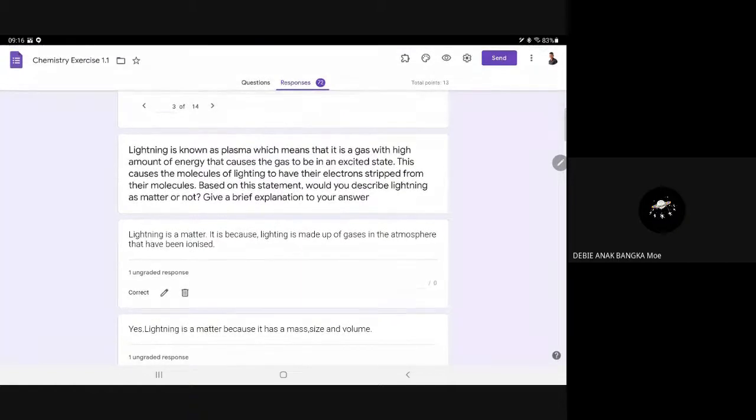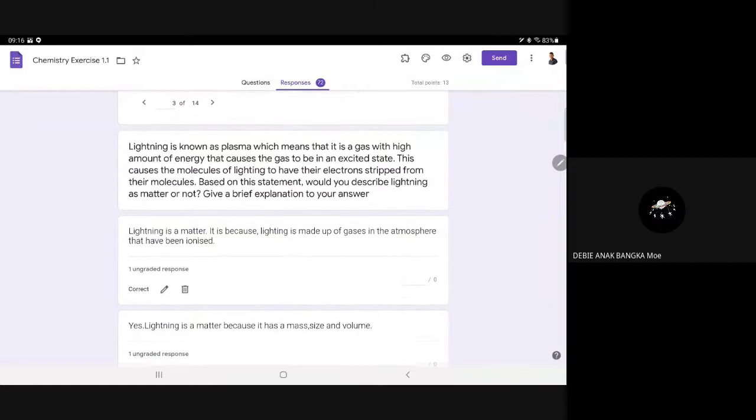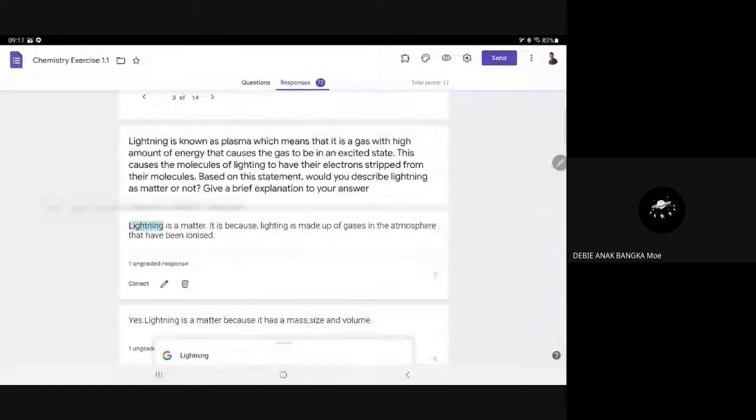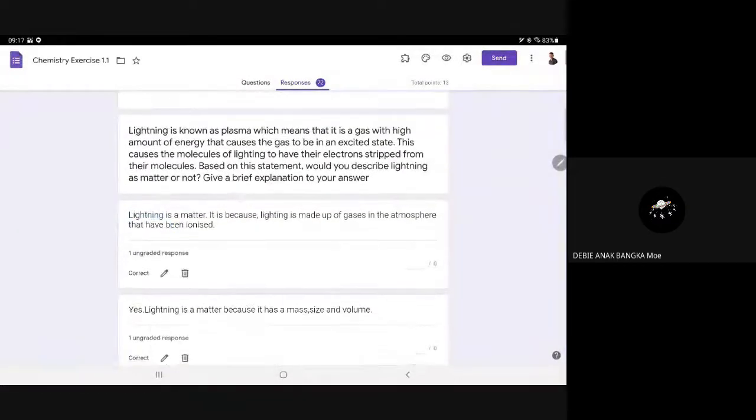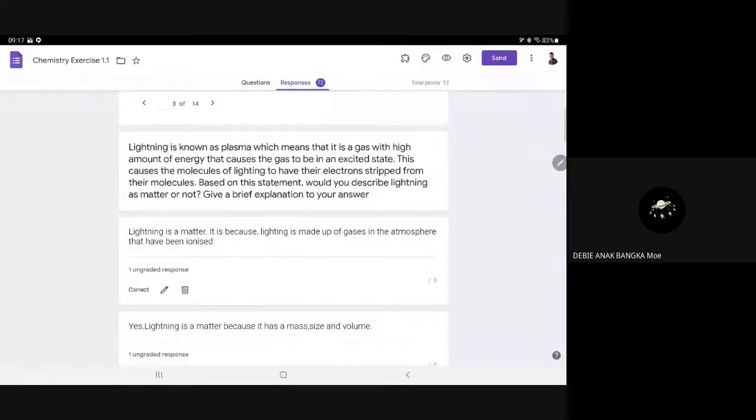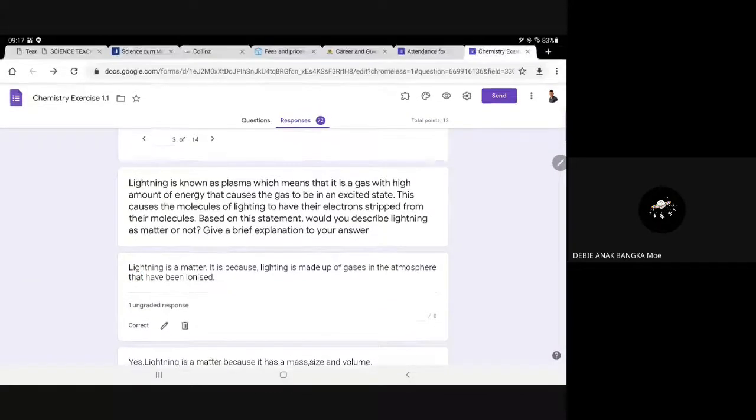So by that definition alone, kita tahu yang proton dan neutron ada mass and it occupies space. Therefore, jawapan dia adalah lightning, kilat, it is matter. Ia adalah sejenis jirim sebab dia terdiri daripada gas yang mempunyai jisim. It is made up of gas that contains mass and occupies space or has volume. So itu adalah jawapan dia.